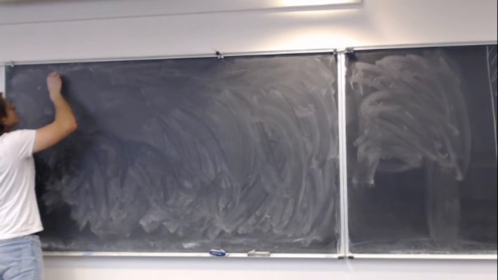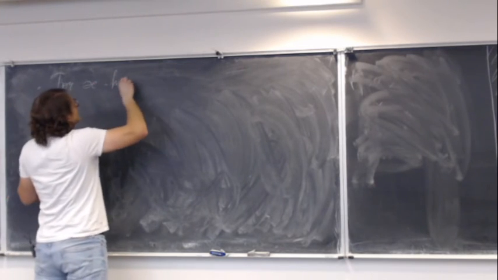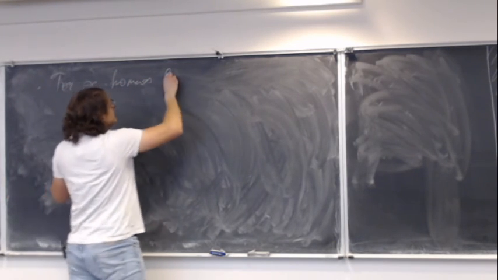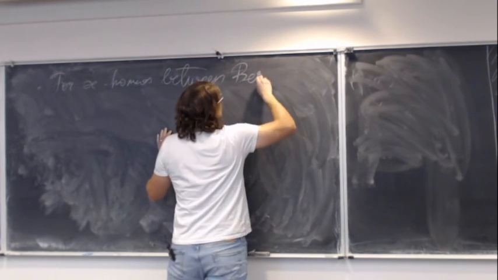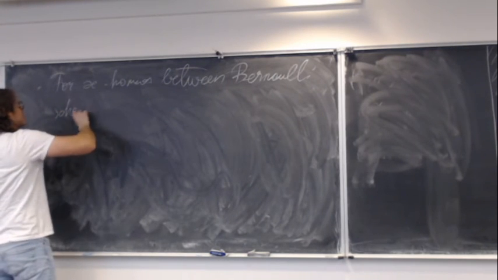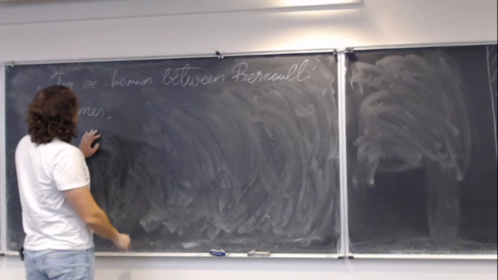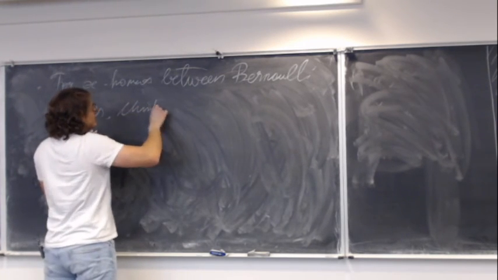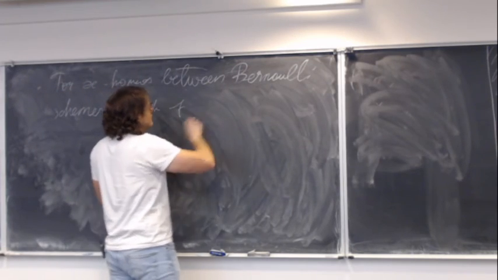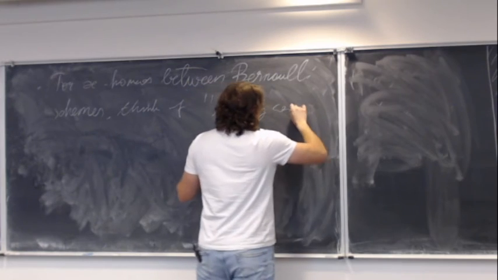For Ash homeomorphisms between Bernoulli schemes, think of, let me just write it like that. Think of locally constant.